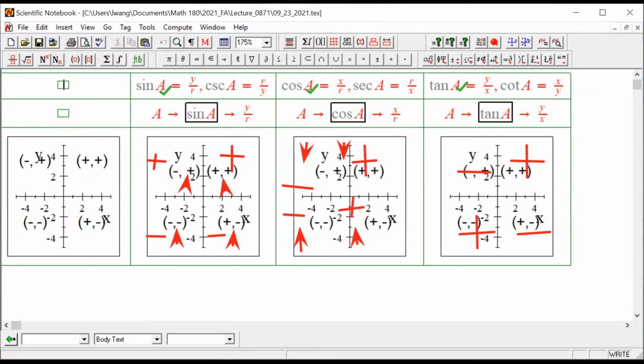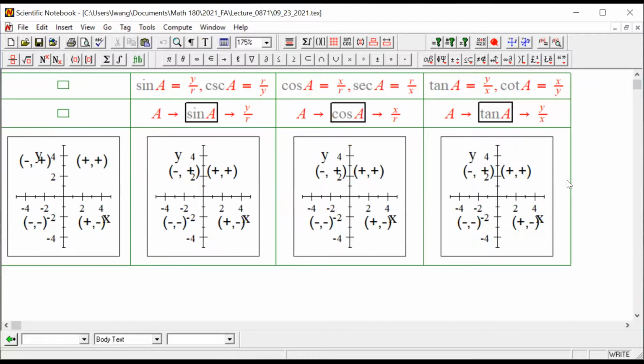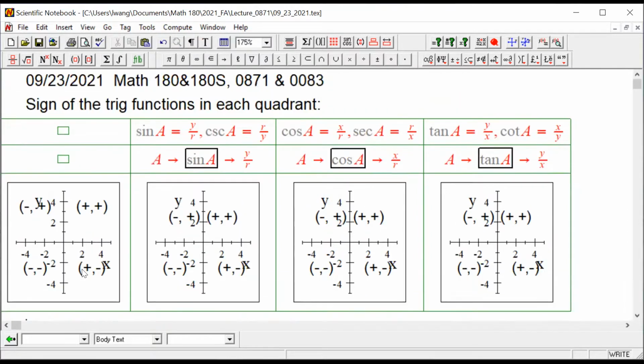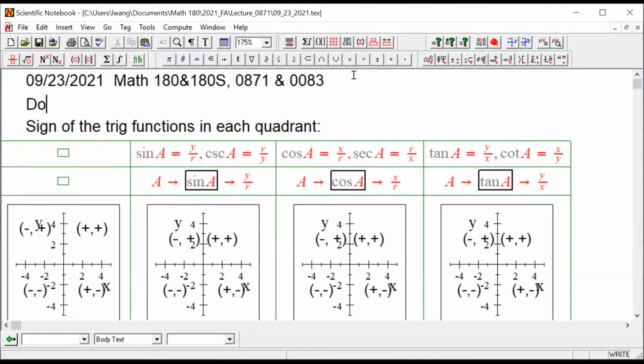Okay, so I'm going to clean this up. Our target is to figure out the domain and range of these functions. I'm going to do one at a time. So our next target is the domain and the range of the functions.